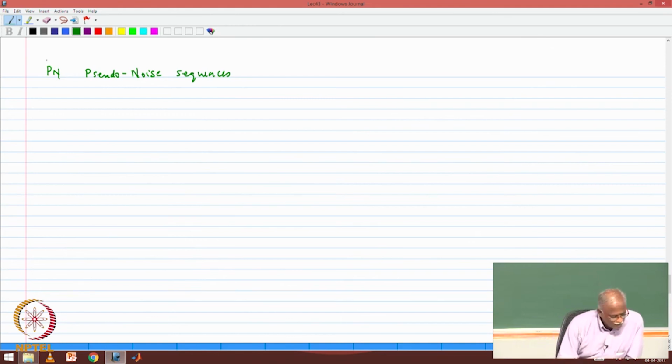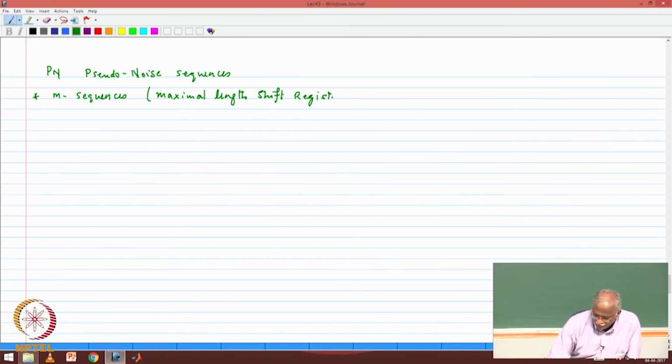There is a class of PN sequences called M sequences, which are very widely used in CDMA systems, and these are also called maximal length shift register sequences. I would definitely like my students to be familiar with M sequences and their properties, because these are so widely used.